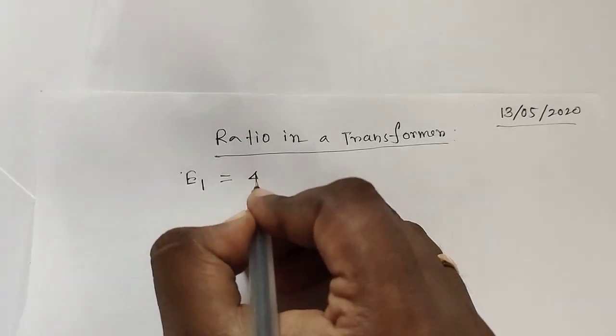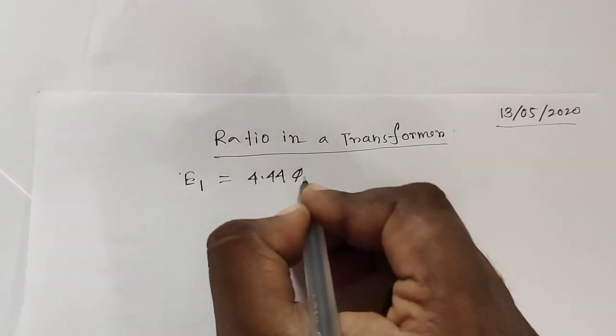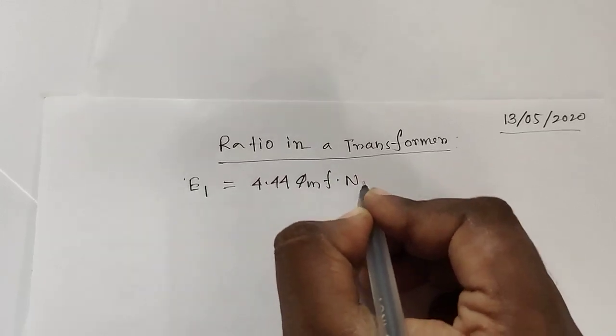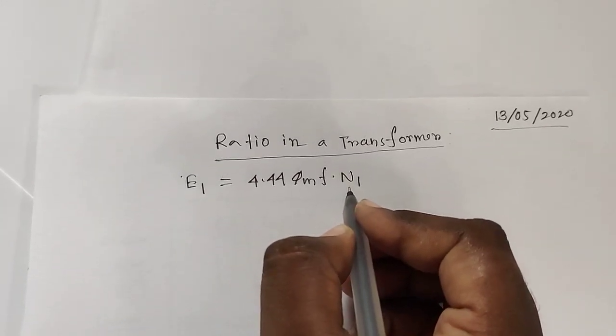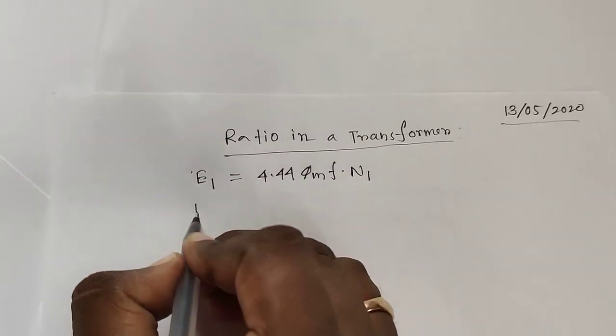E1 is equal to 4.44 phi m f N1. That means 4.44 is the constant value, phi m is the maximum flux, f is the frequency, and N1 is the number of turns of the primary side.